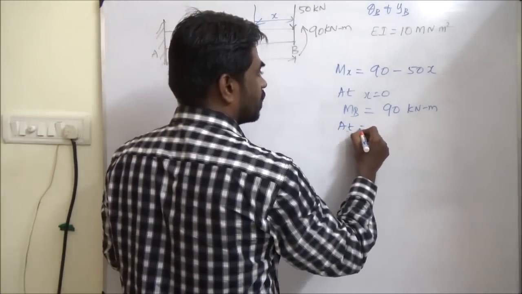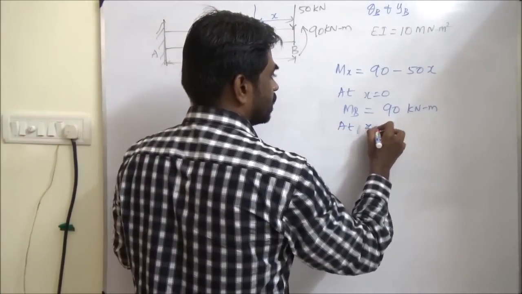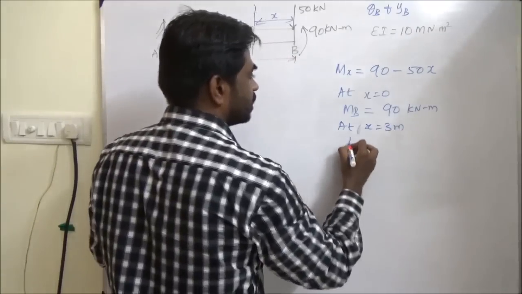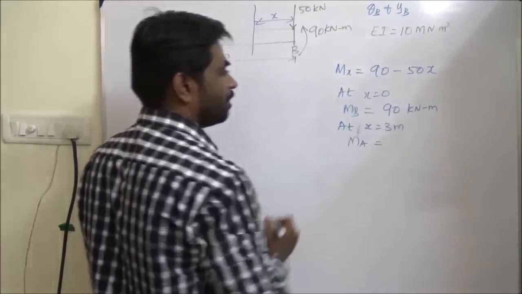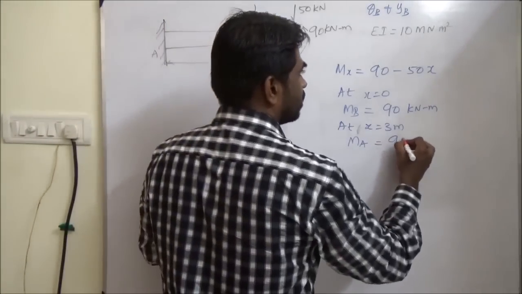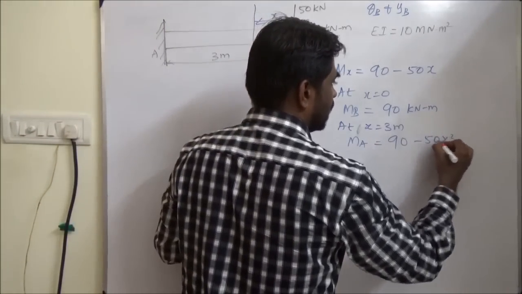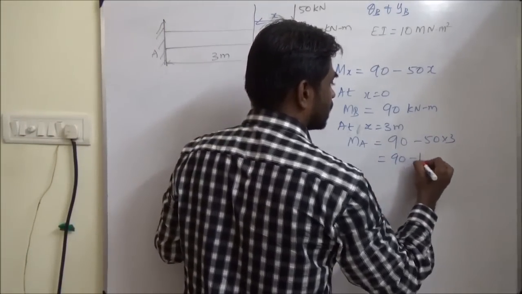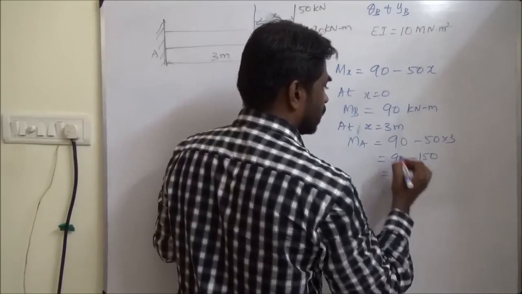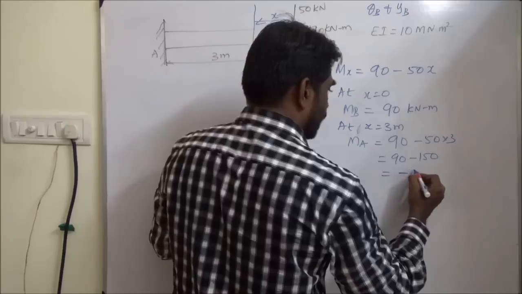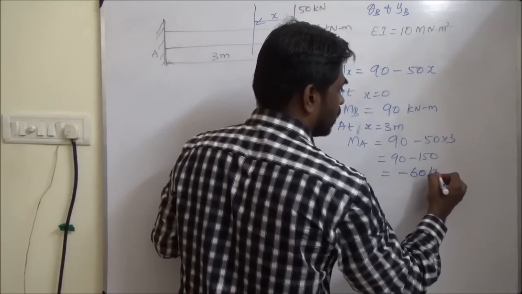At x equal to 3 meter, MA will be 90 minus 50 into 3, so 90 minus 150, so minus 60 kilonewton meter.